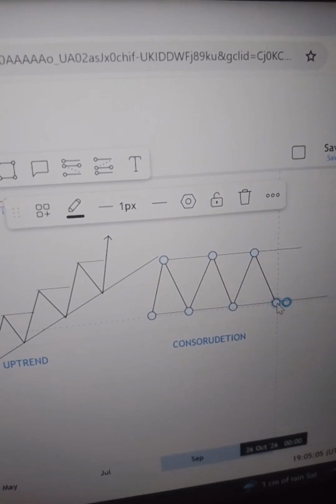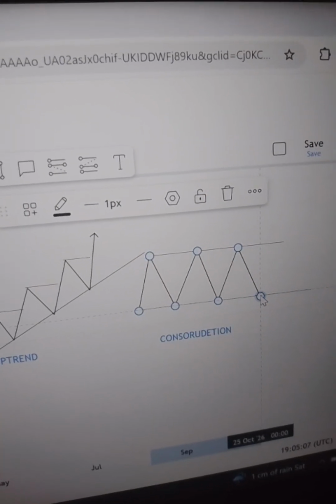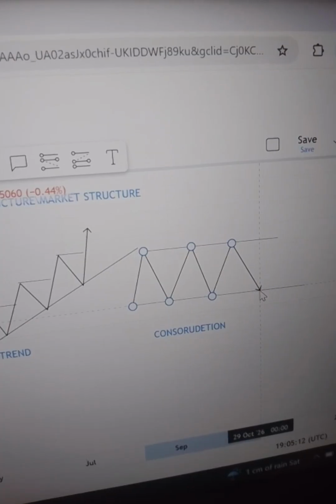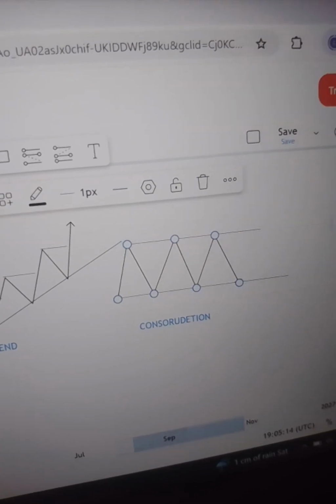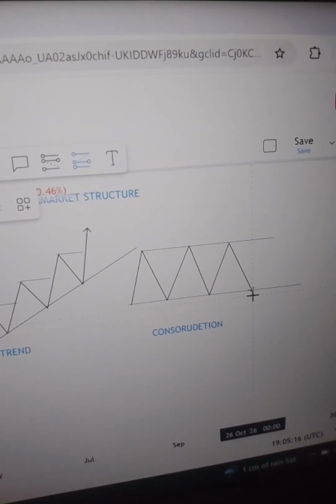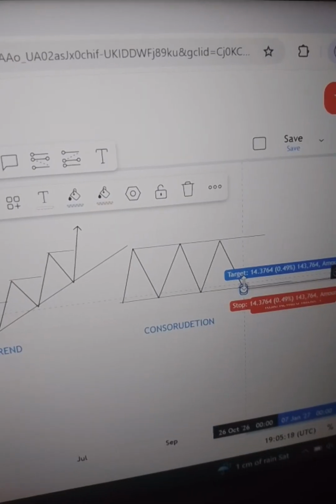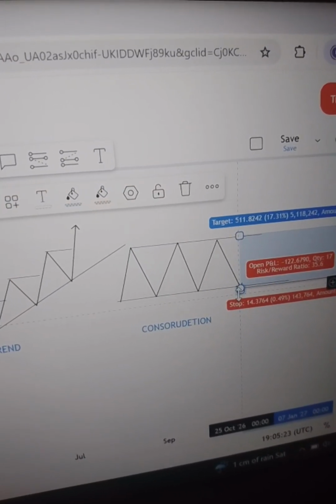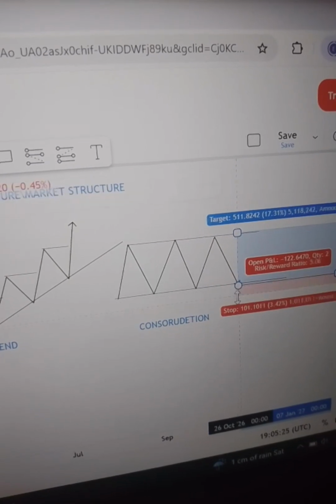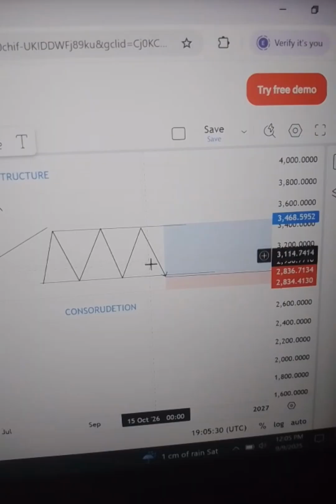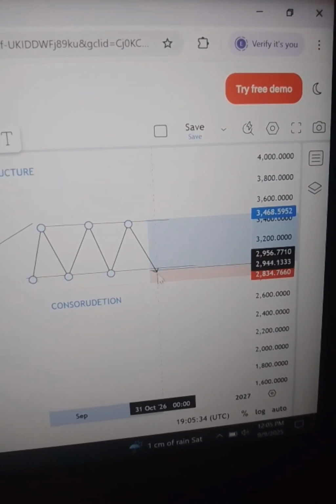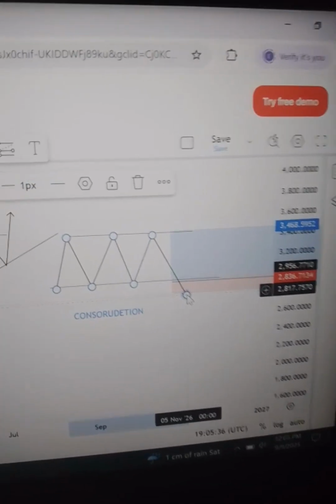It can be risky because some people will be looking for buying from here, not knowing that the market is actually trying to break from the structure, and people will just enter their take profit over here, stop loss below here, and the market will just go down and hit them out.